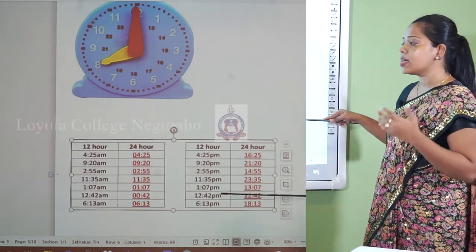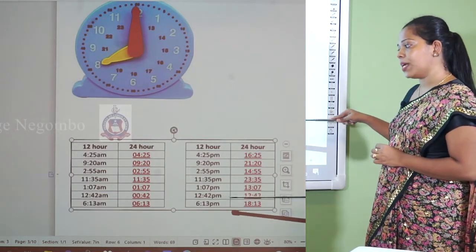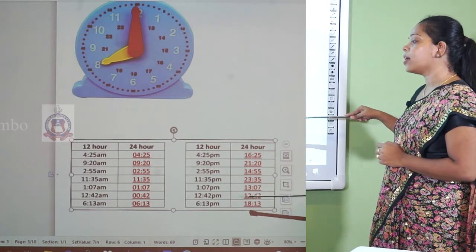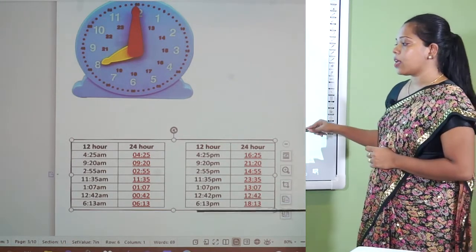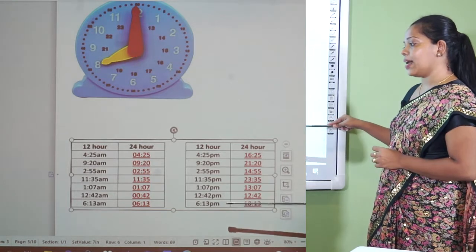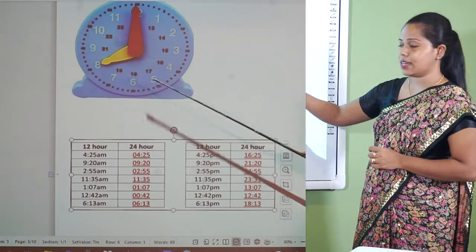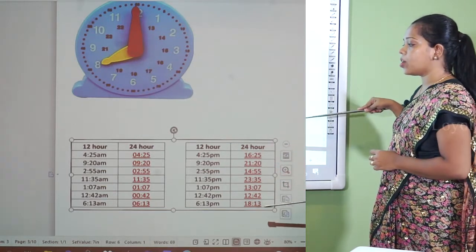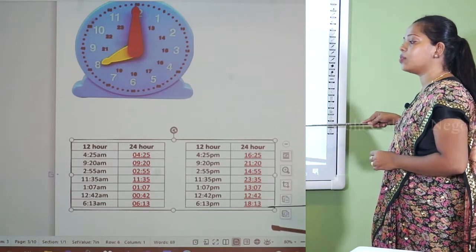Midnight we write as 00:00. So here 12:42 p.m. we write in the same way, 12:42. 6:13 p.m. 6 plus 12, here you can see it's 18. 18 double dot 1 3. 6:13, 18:13.